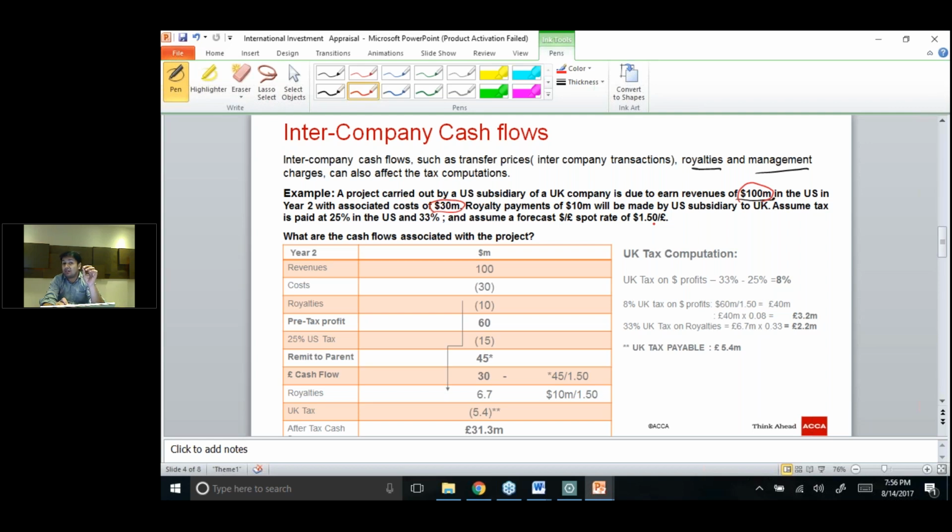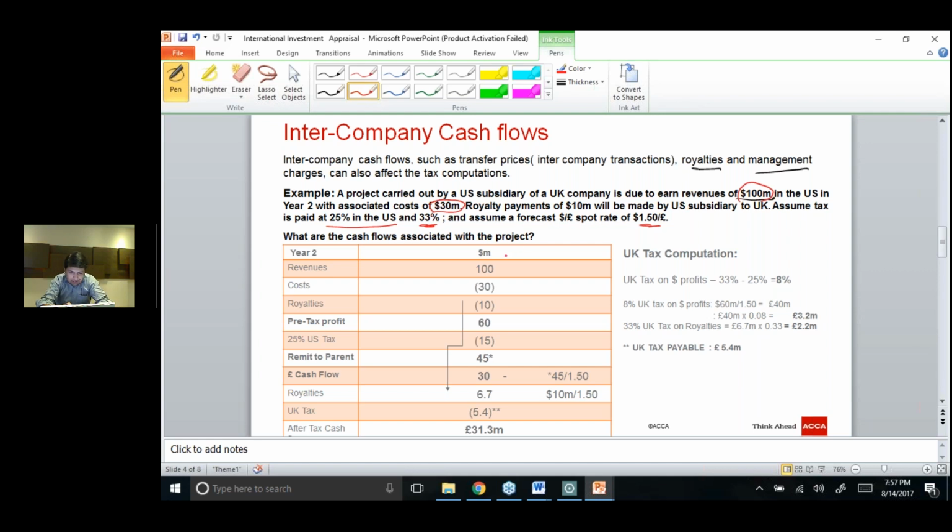That 10 million will be an expense in the subsidiary cash flows, but it will be income in the parent company cash flows, and the parent company will have to pay the full amount of tax on that income because the subsidiary has not deducted any tax on it. That is the concept here. Assume the tax rate paid is 25% in the USA and 33% in the UK. Assume a spot rate of $1.50 per pound.